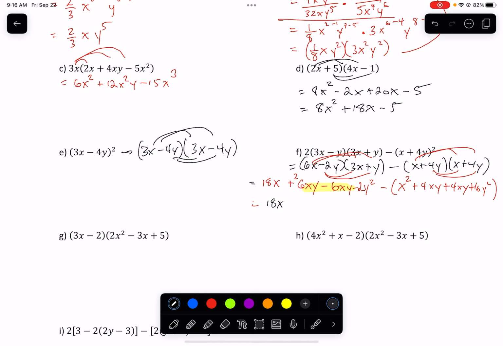18x squared minus 2y squared minus, okay, I got to distribute the minus sign in. That's kind of why I did this question. You got to distribute it to all 3 things. Minus x squared, 4xy plus 4xy is 8xy, so minus 8xy, and then minus 16y squared.